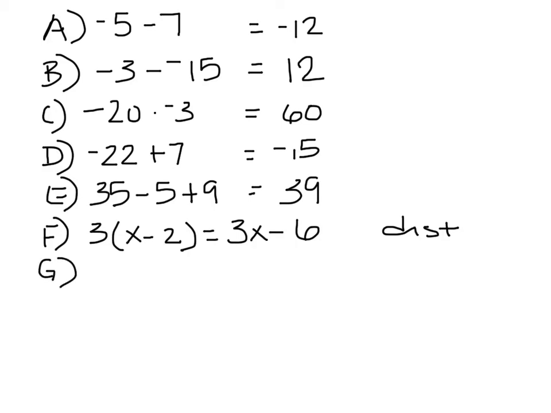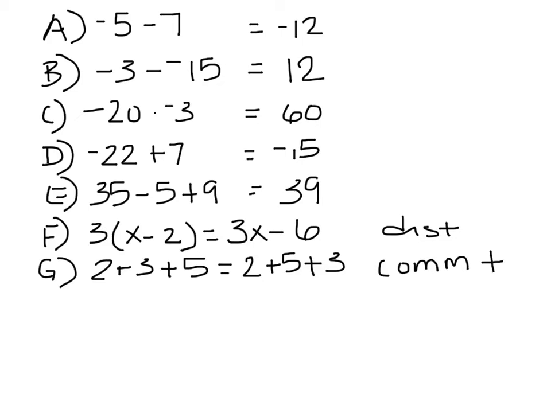G was a name the property. 2 plus 3 plus 5 is equal to 2 plus 5 plus 3. So that's the commutative property of addition.